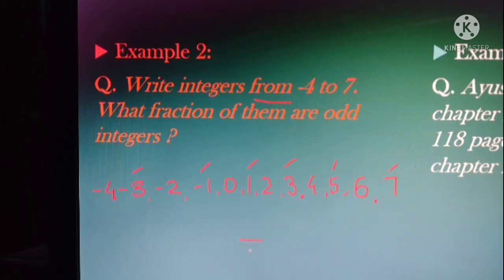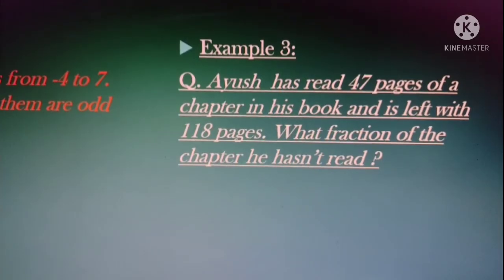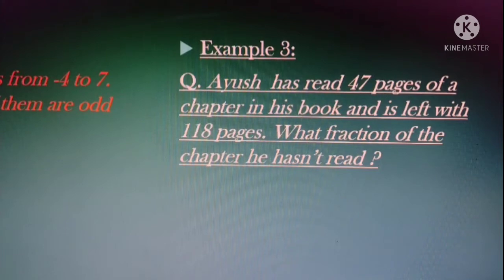Below the division line, you have to write the total number of integers. So you have to count the integers. That means 12 integers. And out of 12 integers, 6 are odd. So 6 by 12.